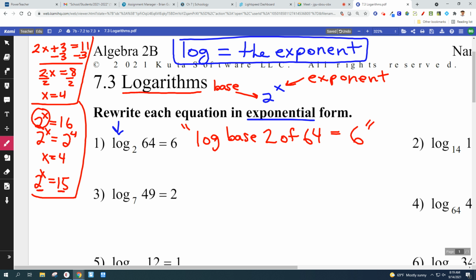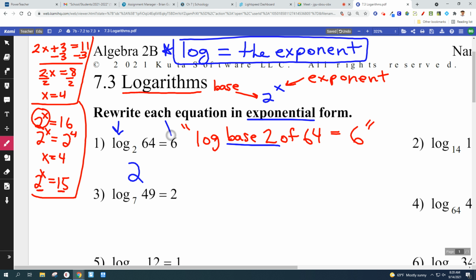So you notice how I literally said base 2? That's the base of my exponential. All right, so this 2 right here is the base that's going to be holding up the itty bitty little exponent. All right, now you've memorized that a log equals the exponent.